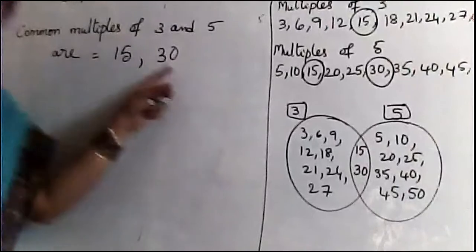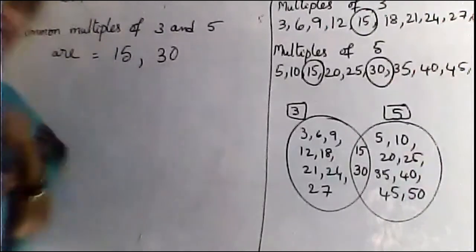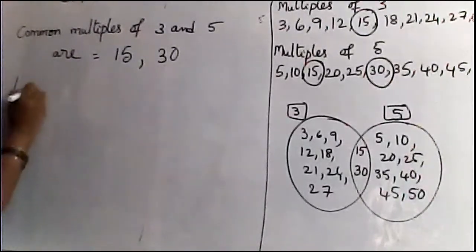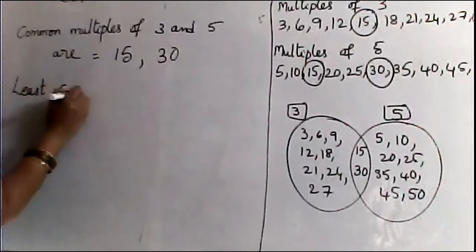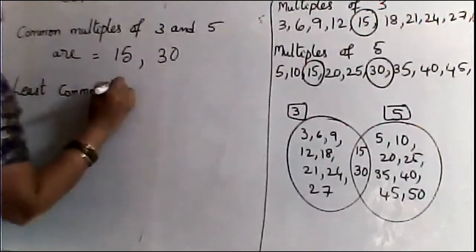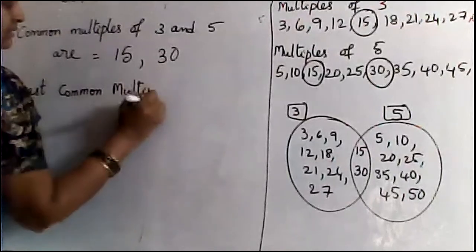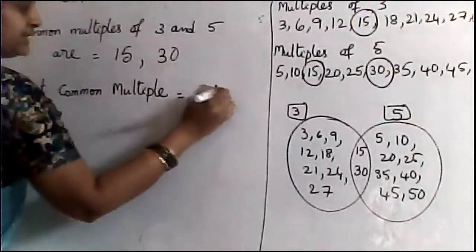In these two, which one is the least one? 15. Yes, the least common multiple is 15.